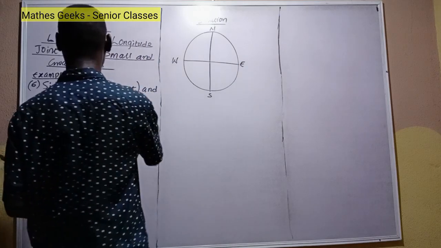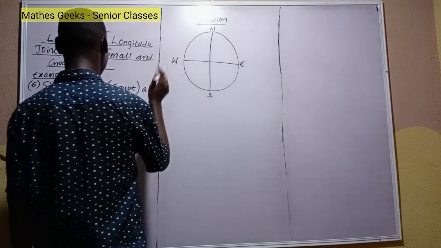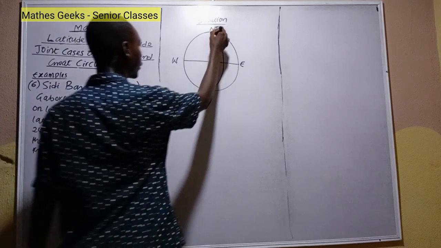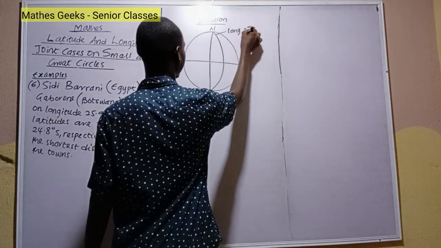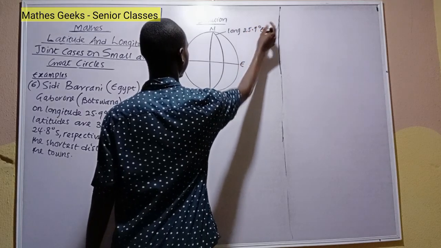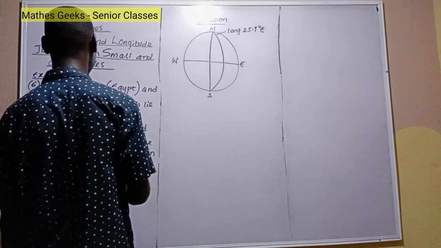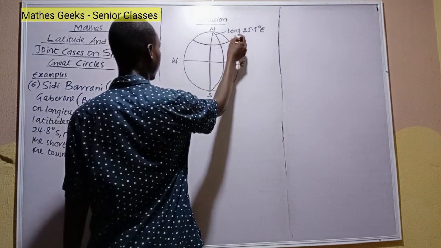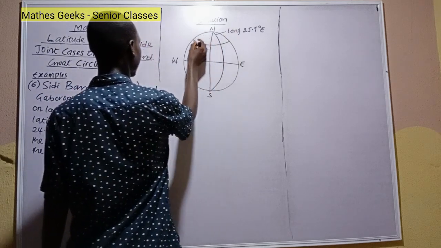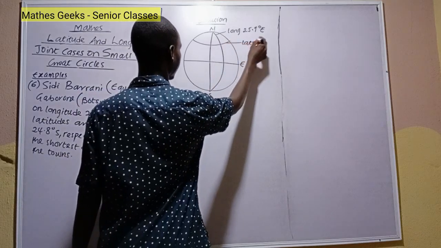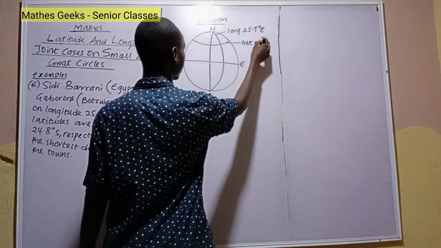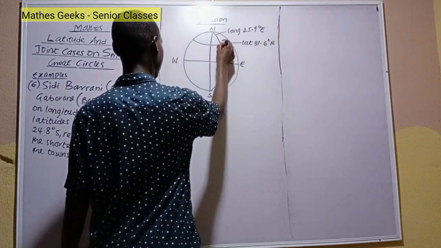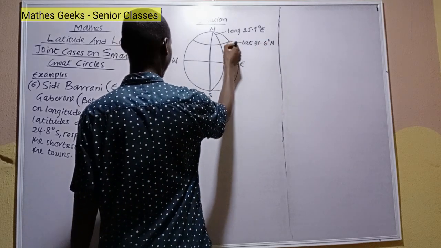So let's get Sidi Barani. Both lie on longitude 25.9 degrees east, and latitudes are 31.6 degrees north. So this is latitude 31.6 degrees. This is Sidi Barani, Egypt.